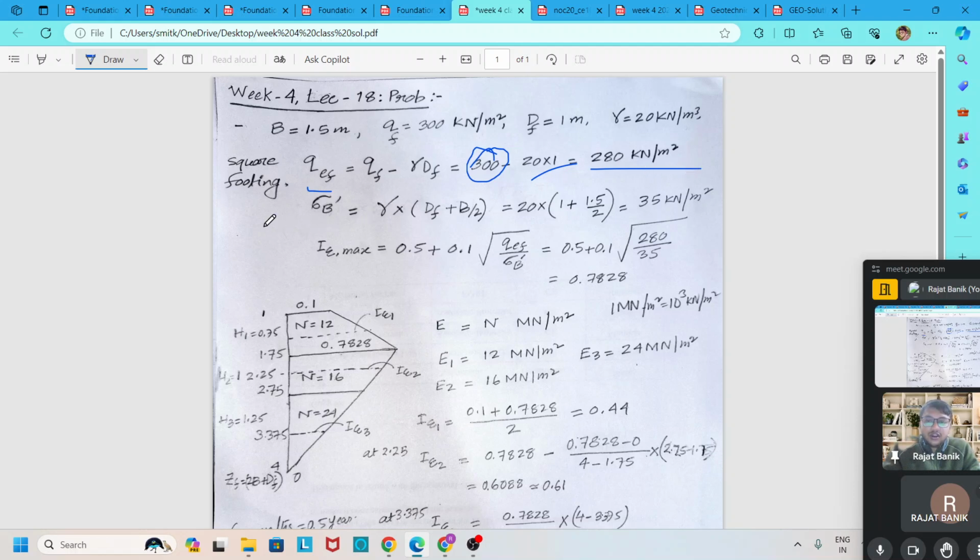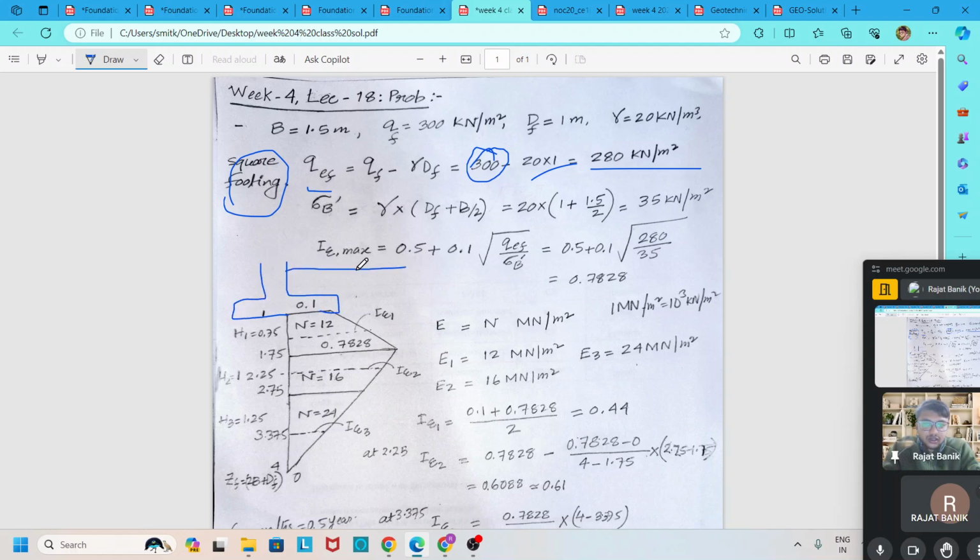Then we find out the effective stress from the ground surface at a depth of B by 2, because our footing is a square footing.